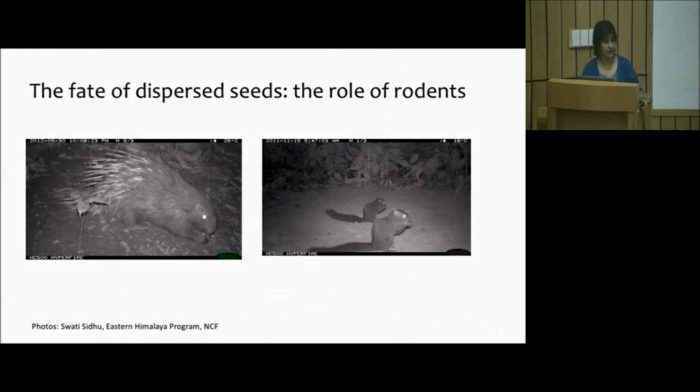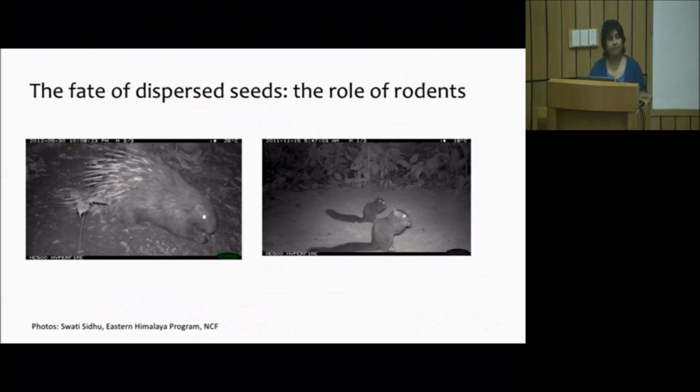There are a large number of species, many of which have not even been properly taxonomically identified. But we wanted to know whether there is some kind of caching happening in this system also. And so we set up a study using camera traps to monitor the fate of these seeds by tagging seeds.